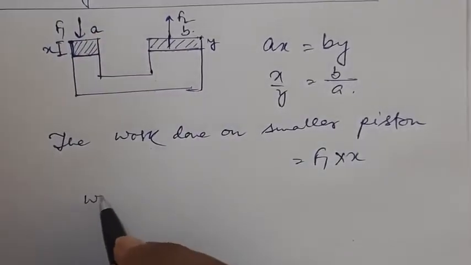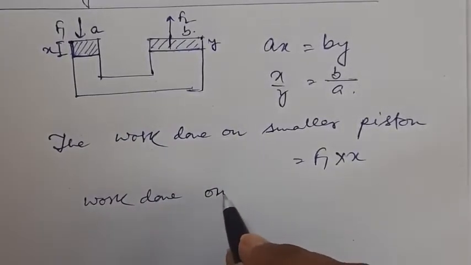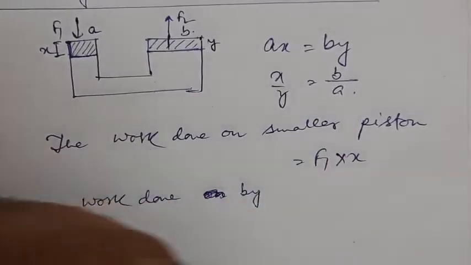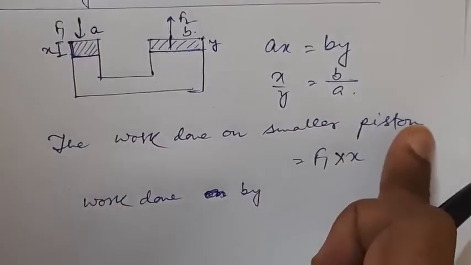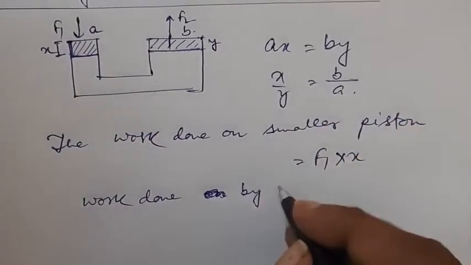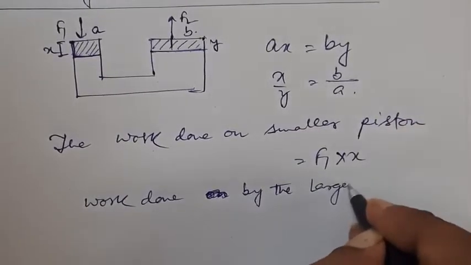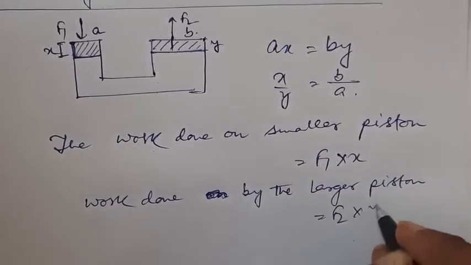And the work done, not on but by the larger piston, because we applied the force F1 on the smaller piston, we can write as F2 into y.